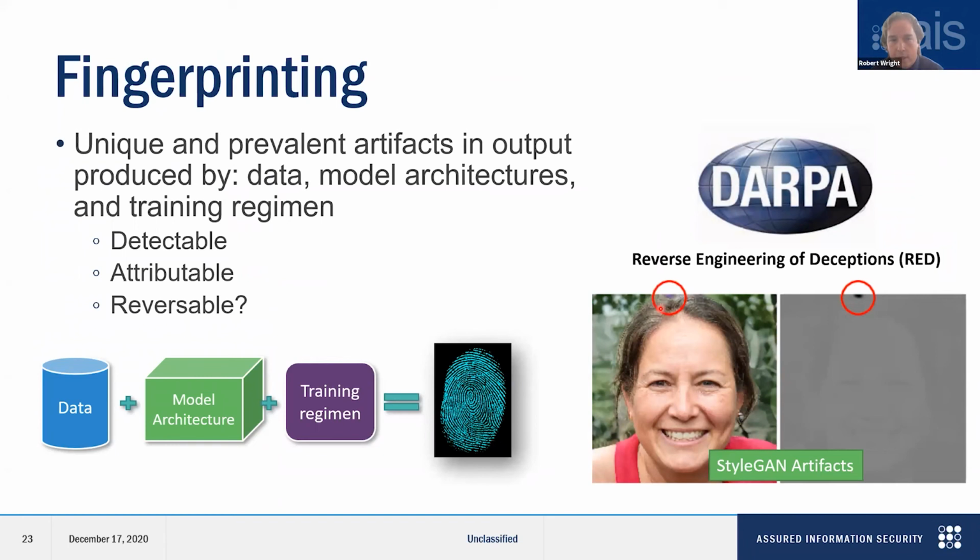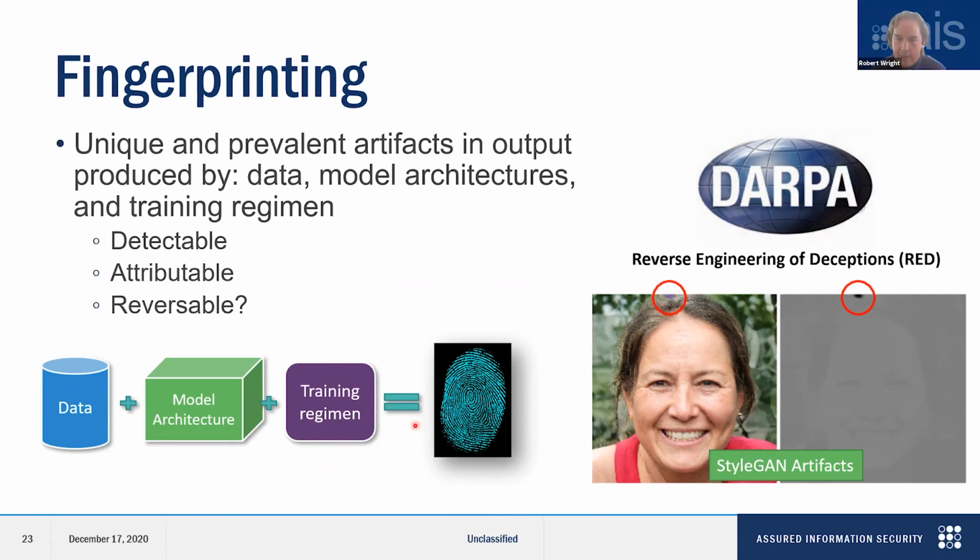Also, there's been some work in trying to fingerprint these synthetic generation techniques. With these deep neural networks, based on the specific data sets, the specific model architecture, and the specific training regimen that was used to develop them, these models will exhibit unique artifacts that exist because of the bias in the data, the model, and the architecture, things that are prevalent in all the things that they produce.